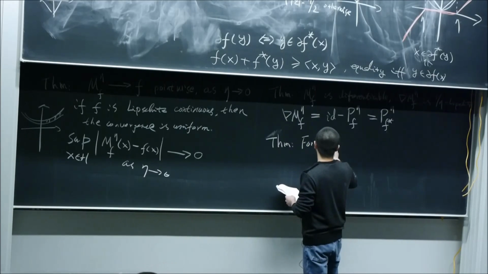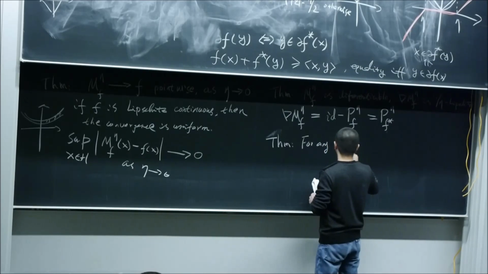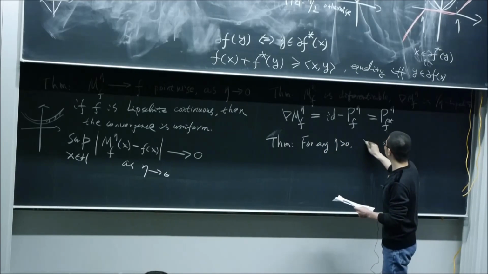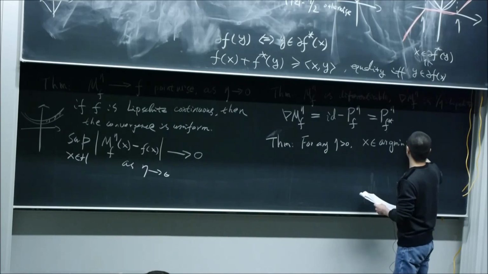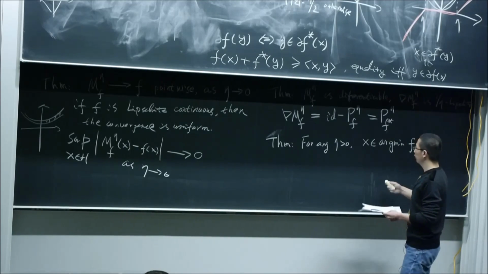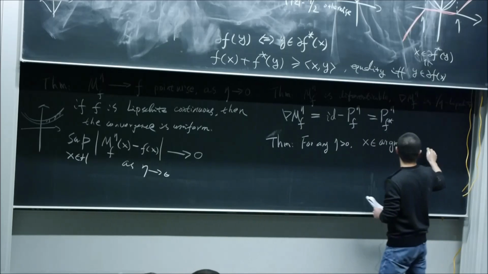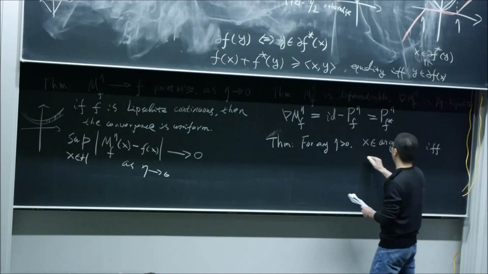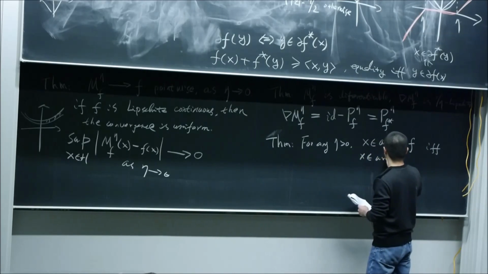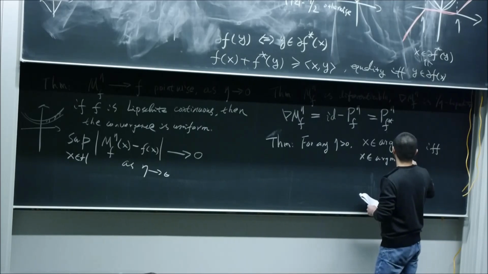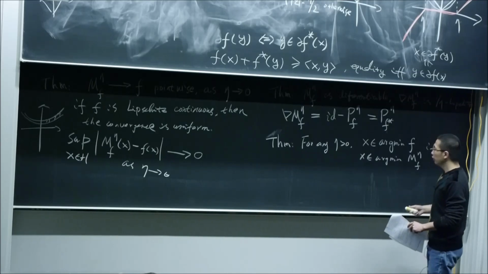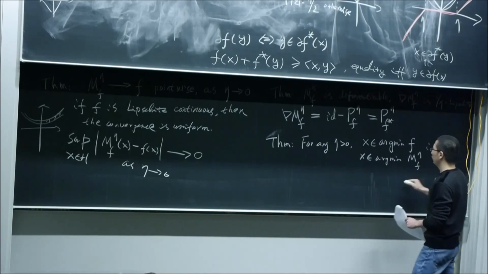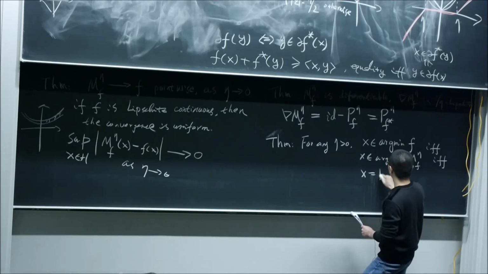For any parameter eta positive, x is a minimizer of the function f if and only if x is a minimizer of the envelope function, if and only if x equals the proximal map of f with eta of x.